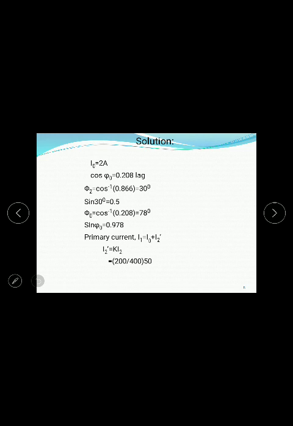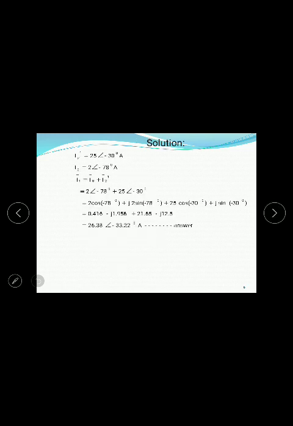So I2 dash is 25 amps. Now I2 dash is 25 angle of minus 30 degrees, it is lagging. And I0 is 2 angle of minus 78 degrees.